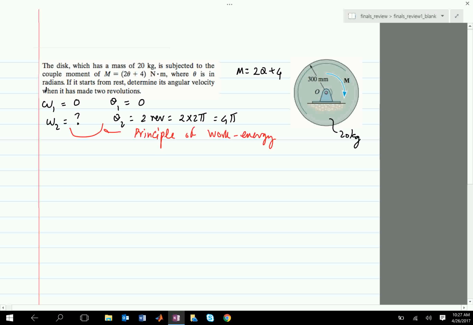And not conservation, because there is a non-conservative force. We don't know what 2 theta plus 4 is. It's actually non-conservative. So let us draw the free body diagram of the disk.